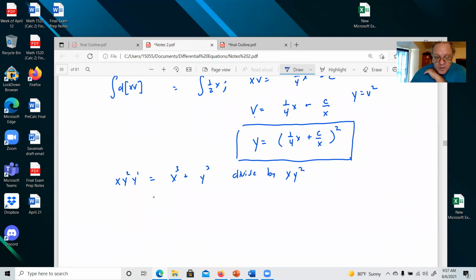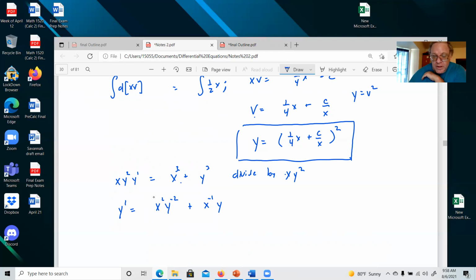Okay, so we have y prime is equal to, well, we're going to have an x over an x, right? So that's going to be an x squared and y to the -2. There wasn't a y in this term, so we have y to the -2, plus x to the -1, and then we're divided by y squared, so we just have a y here.